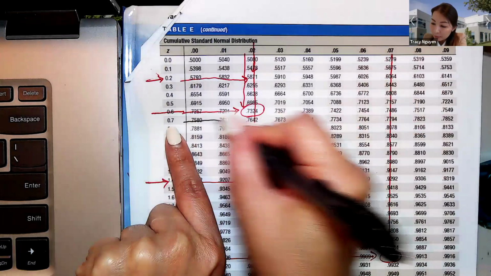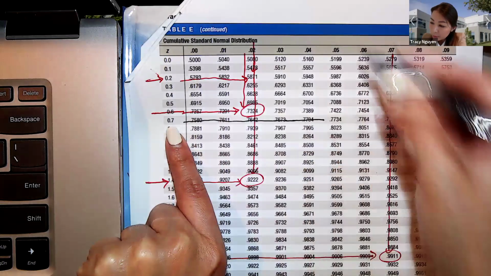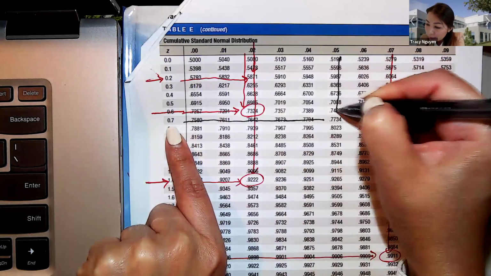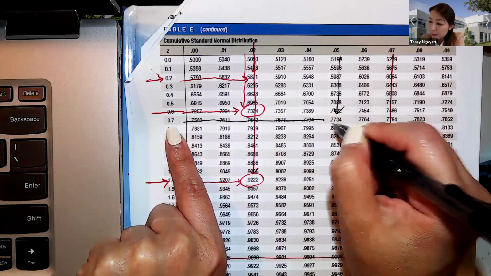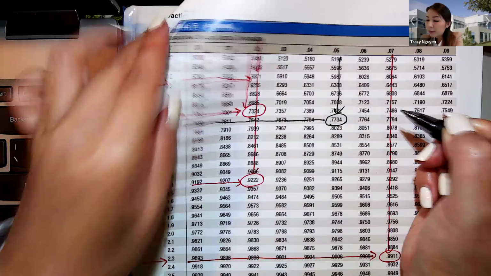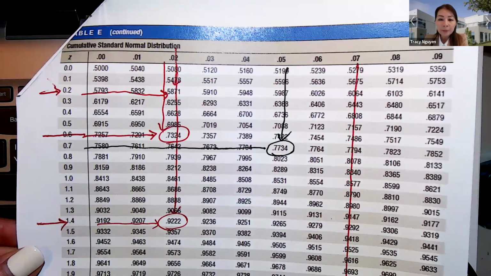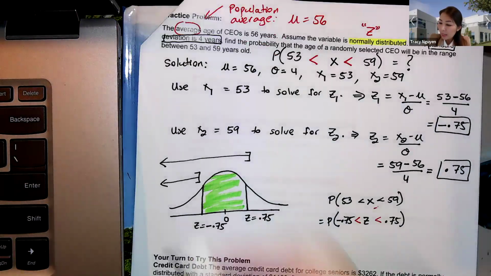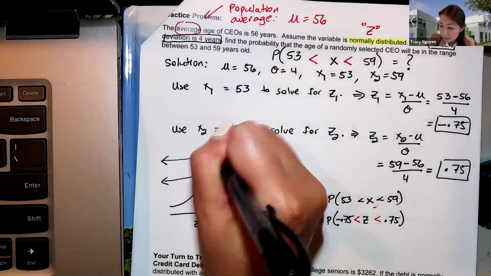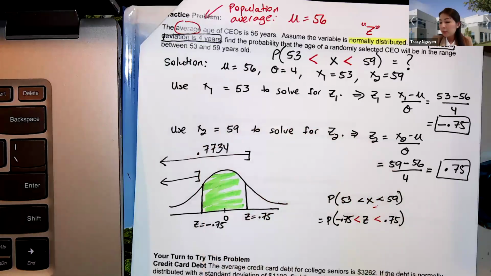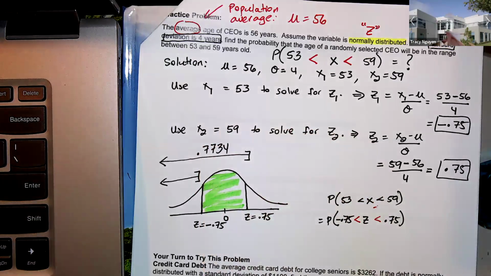So what this is telling us here is we have 0.7734 for the area to the left of z equal to 0.75. And let me bring it closer for you. Okay, so here we have 0.7734.